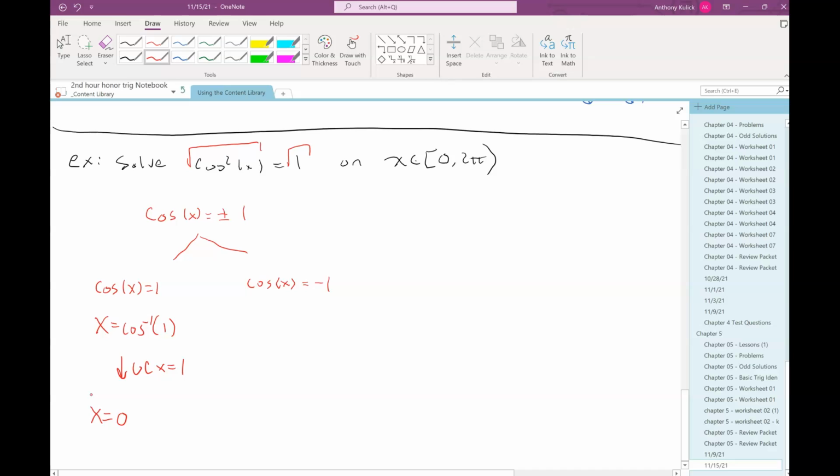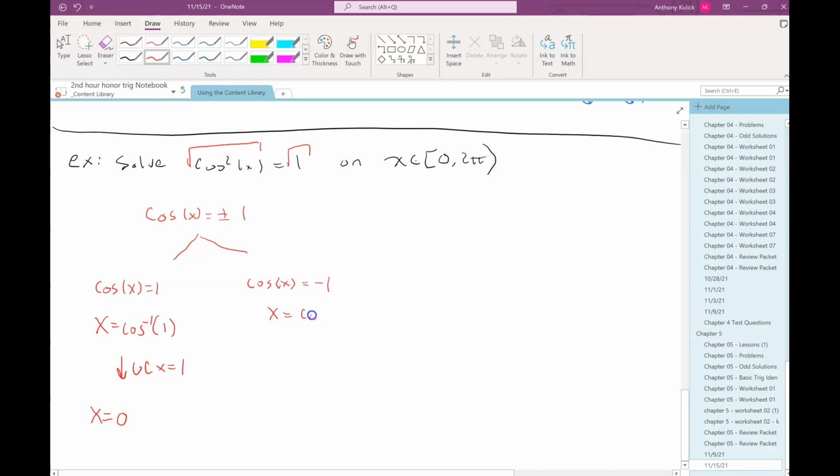So right when we start, the x-coordinate is 1. And then again at the very end, the x-coordinate is 1. Everybody's okay with that? Do we need to pull up the unit circle and show you? Or you can remember it in your head? We good? Okay. But remember, 2 pi is not in our feasible solution, so I'm not going to write that down. I'm just going to write 0.